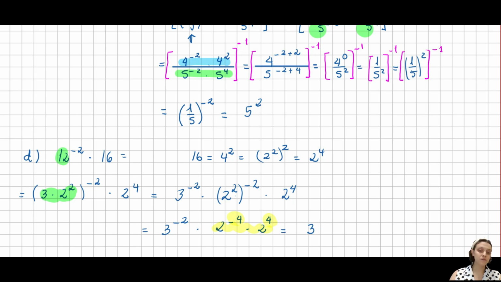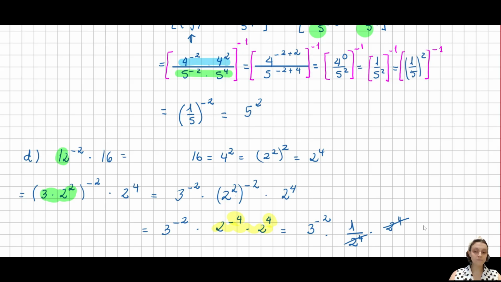I am going to do it step by step here. We could add them, or we can get the inverse of this, which would be the same as 1 divided by 2 power 4 times 2 power 4, and then we can simplify if you prefer, okay?